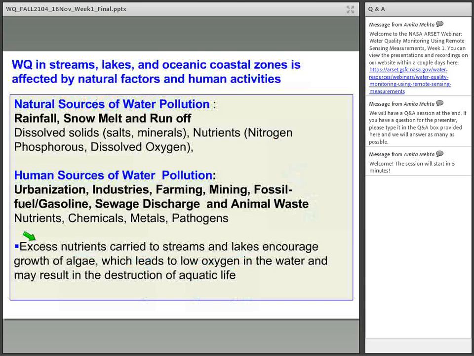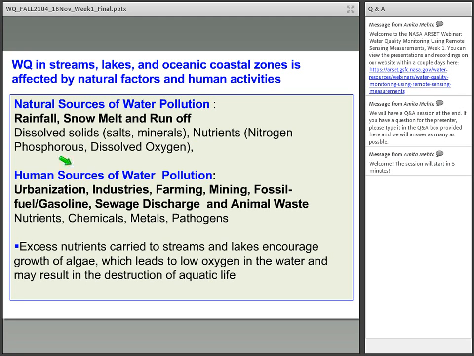What are the factors that impact water quality? There are natural sources of water pollution: rainfall, snowmelt, runoff. Once there is rainfall and snowmelt, runoff can carry dissolved solids, nutrients, and chemicals into a stream or a water body.